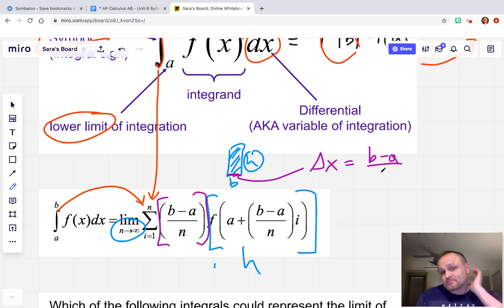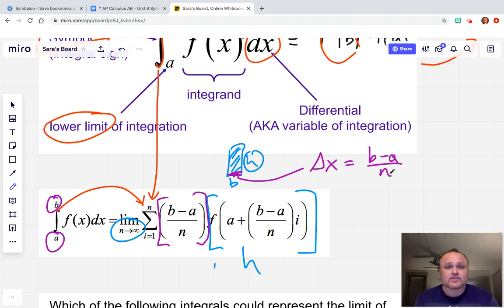And if you recall, we did look at an equation when we did Riemann sums, and they were all the same width as far as if there were multiple rectangles, like we had 4, we had 6, and different rectangles. To get how wide each rectangle's base was, we did the high, so this number here, minus the low, and then we did it over n, as far as how many rectangles are we looking at, okay?